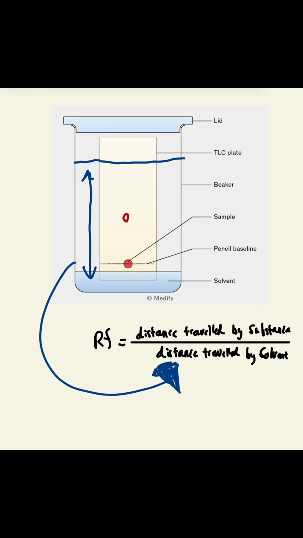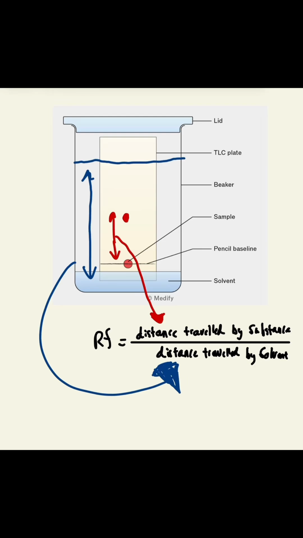If it's gone to there, then the distance would be this distance here, on top. Now, that retention factor will always be between 0 and 1, and it can be compared to known values to help identify components. You can compare that to a known retention factor to help establish what that substance might be.